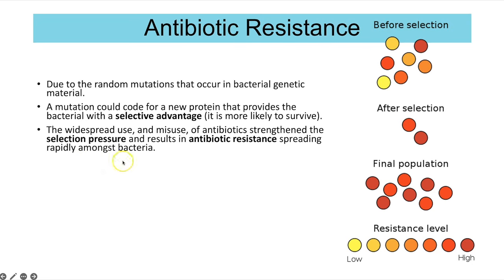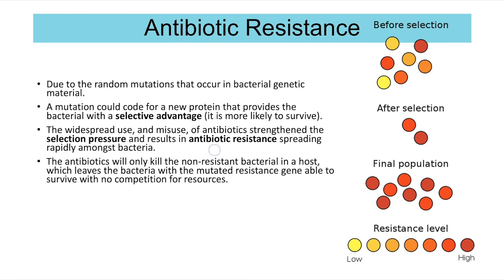Now, this was really sped up by the widespread use and misuse of antibiotics, because the antibiotic was the selection pressure in this example of natural selection. The more you were taking the antibiotics, the more the non-resistant bacteria died and the resistant ones survived, and then they had no competition. So they could really thrive.